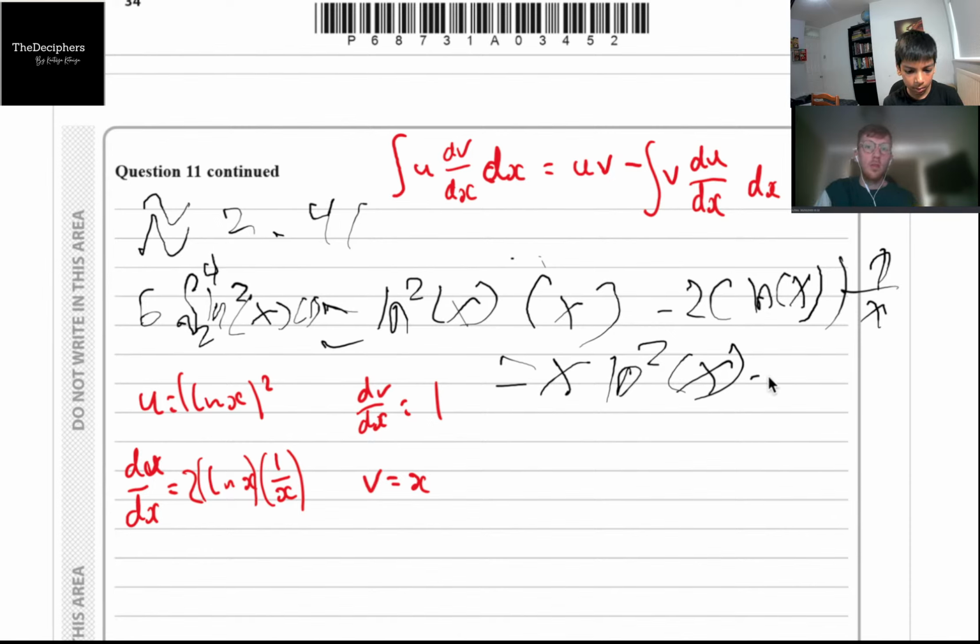Remember, it's the integral of that, isn't it? Integral of what? The integral of the 2 ln x 1 over x. And I think you've missed a bit out as well, because your 2 ln x 1 over x, that's just du dx, but you need to times it by v.